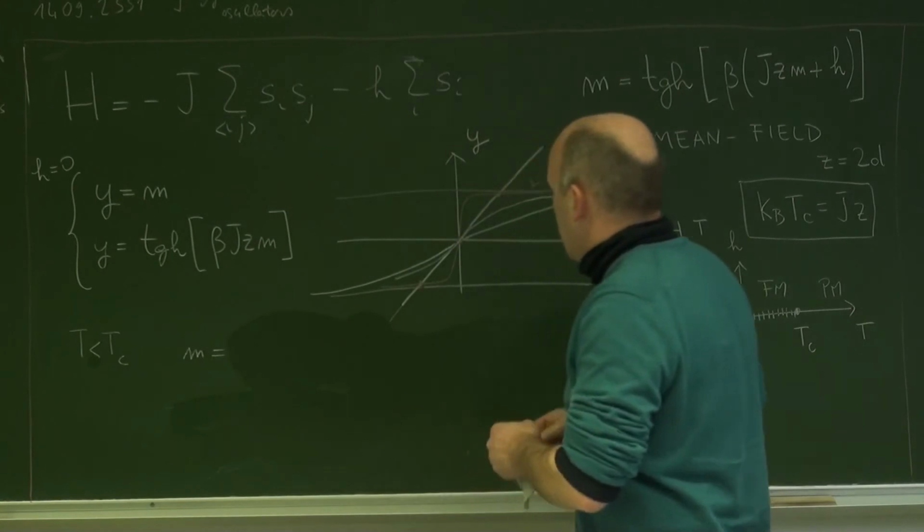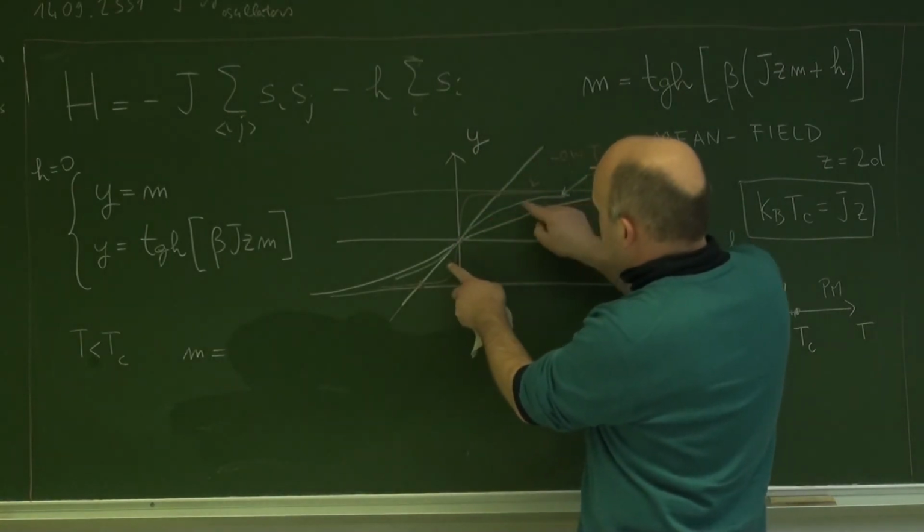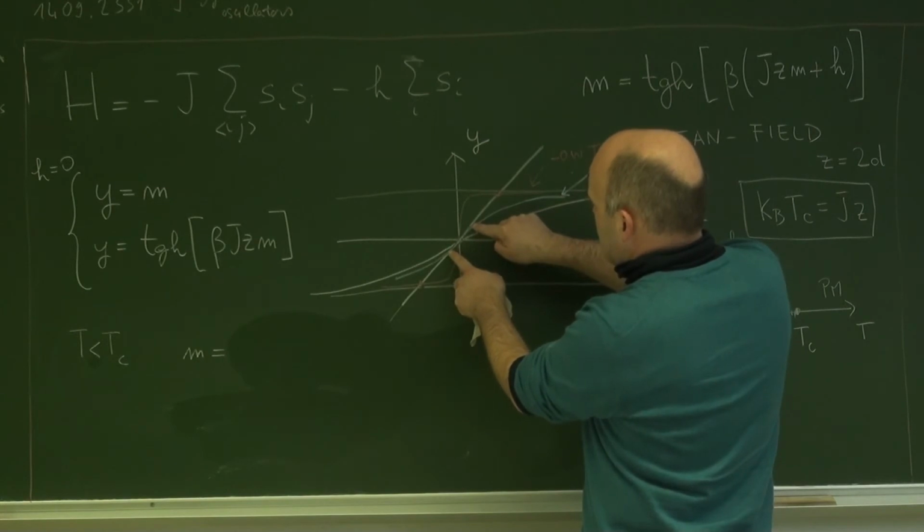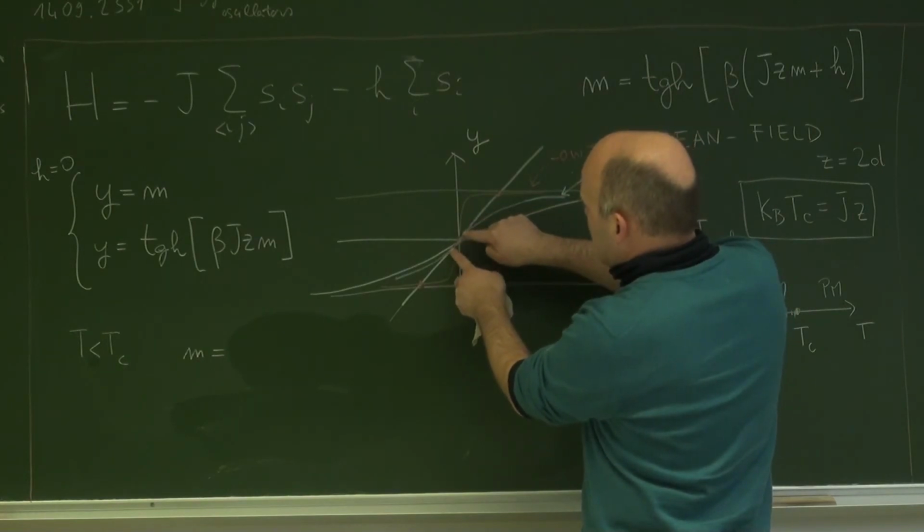You see, when I am at the critical point, I have this curve here, and when I go just a little bit below, I have two intersections.